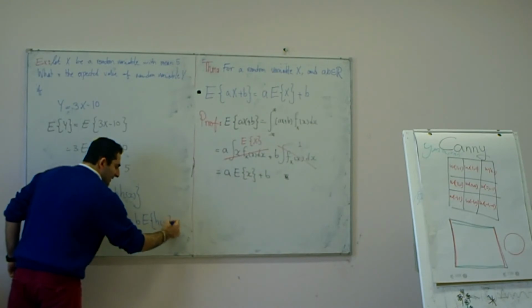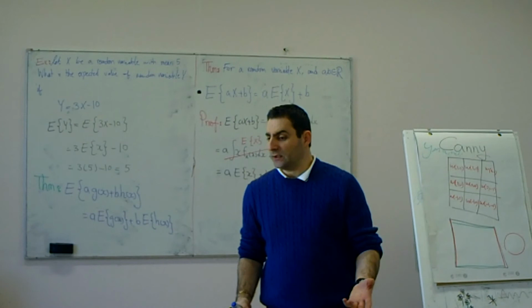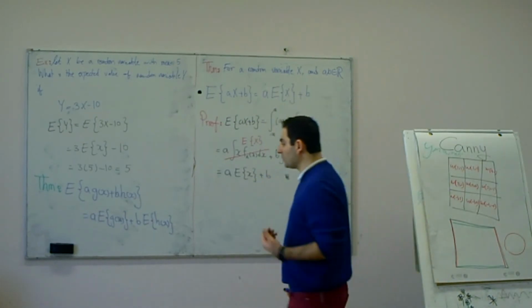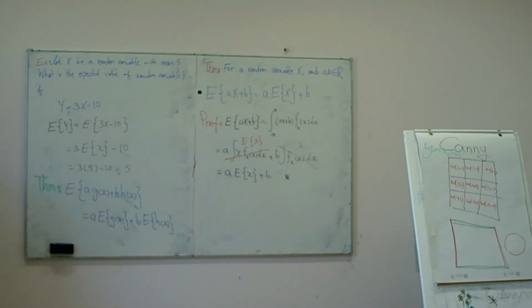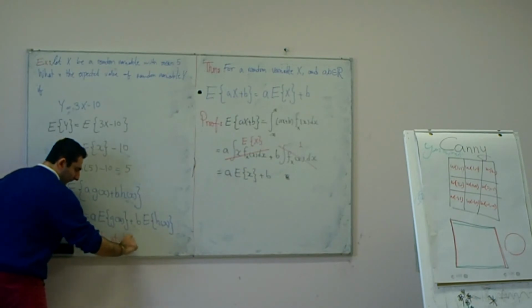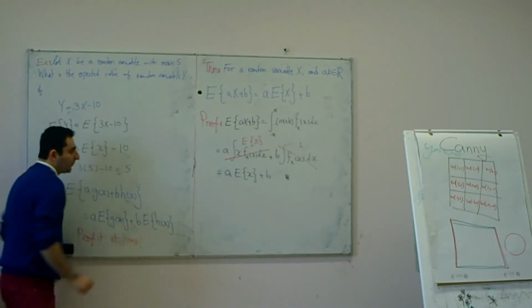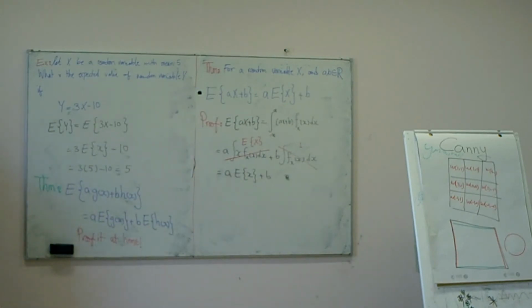This theorem says that if random variables are linearly combined, their expected value will also be linearly combined. Prove it at home. How to prove it? The same way that we already have done for the previous theorem.